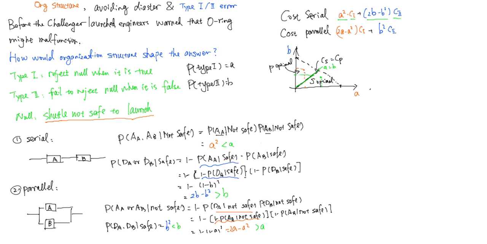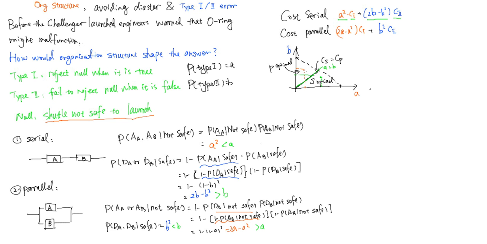So now let's assume in our case the cost of type 1 error is way larger than the cost of type 2 error. Because if you launch a shuttle that you shouldn't launch, as the Challenger shuttle demonstrated, it will mean grave cost of the machinery and human life. But there are also costs associated with not launching a shuttle when it should be launched.